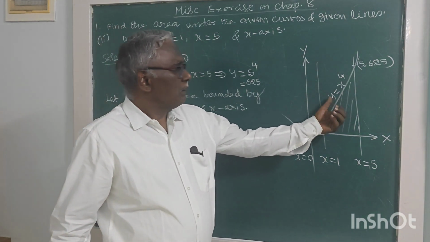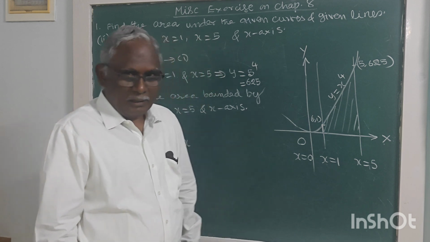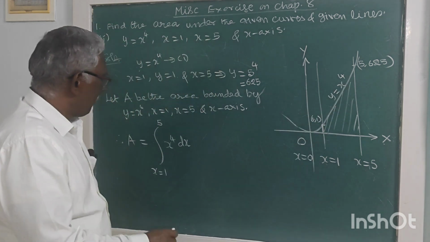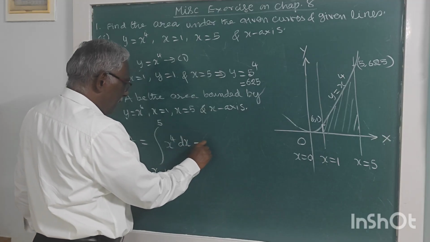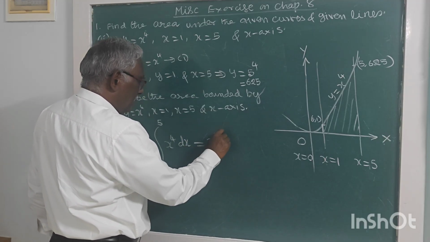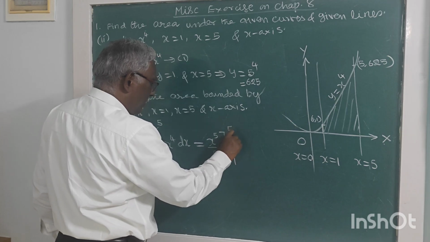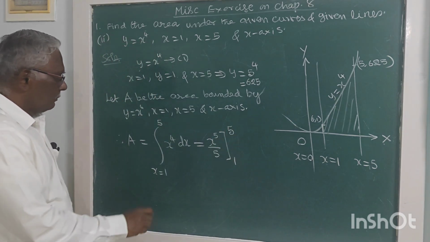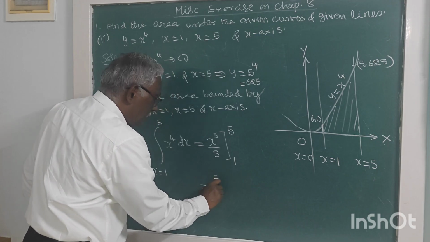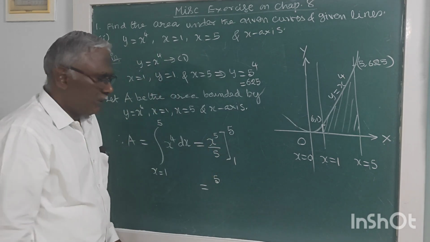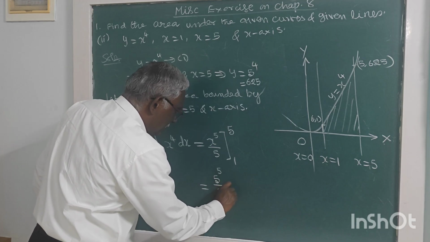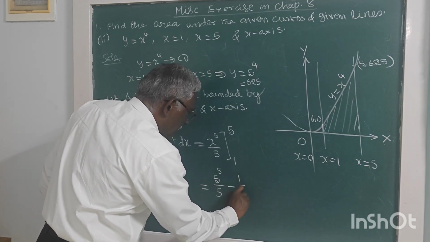Y is nothing but f of x. F of x is x power 4. So this on integrating we get x power 5 by 5, from 1 to 5. This is equal to, for x we substitute the upper limit, 5 power 5 by 5 minus 1 by 5.